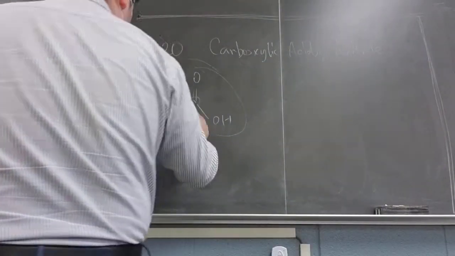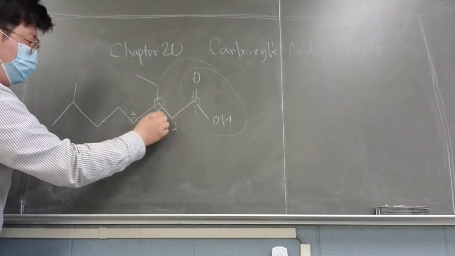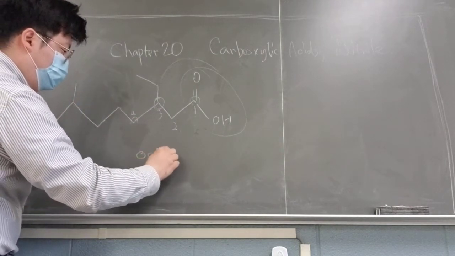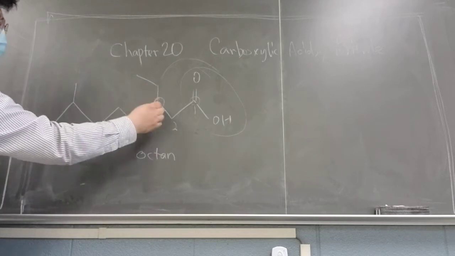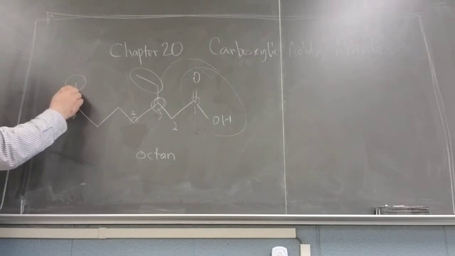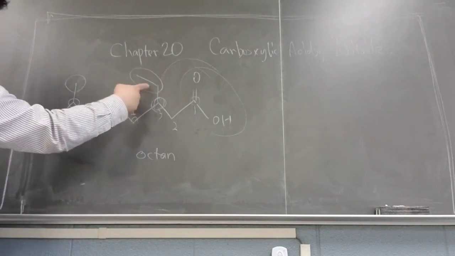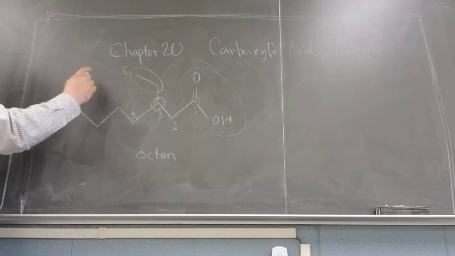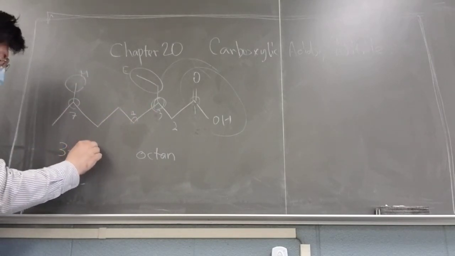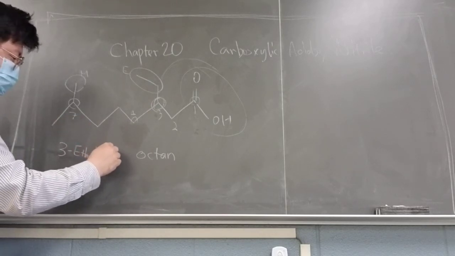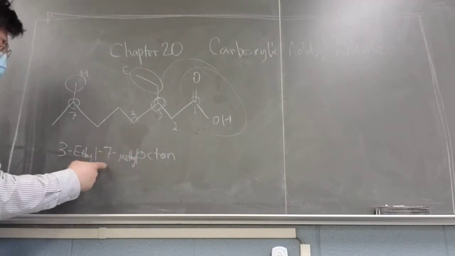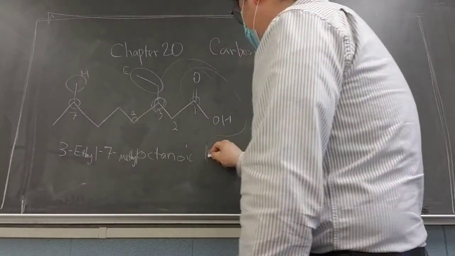You count the carbon from here, right? 1, 2, 3, 4, 5, 6, 7, 8, right? And then you have an ethyl group on 3 and a methyl group on 7. But we put the ethyl group first because of alphabetical order, E, M. So it'll be 3-ethyl-7-methyloctanoic acid.